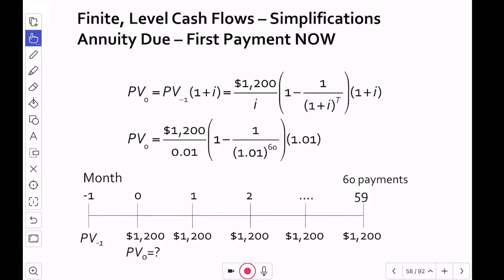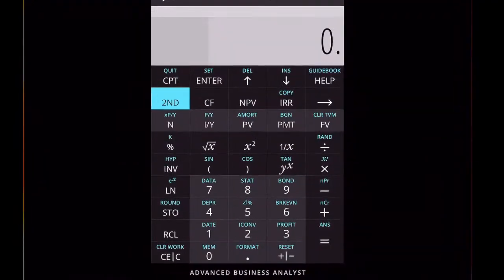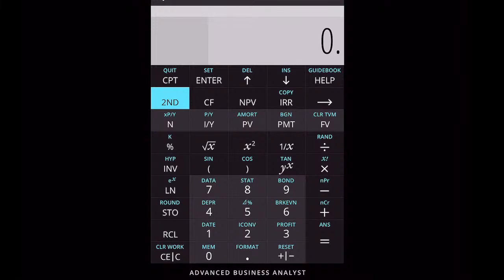And the final method is to, you guys aren't saying anything, so I'm just continuing here. So you turn it off by repeating the same actions. Second, begin, second, set. So that turns on begin, now turn it off. Second, begin, second, set. Now it turns it off.